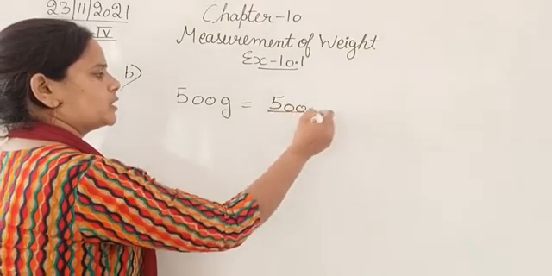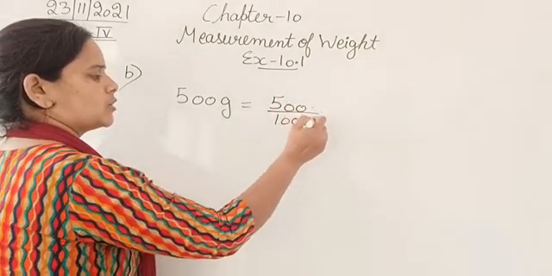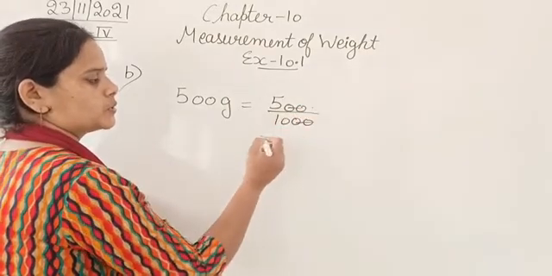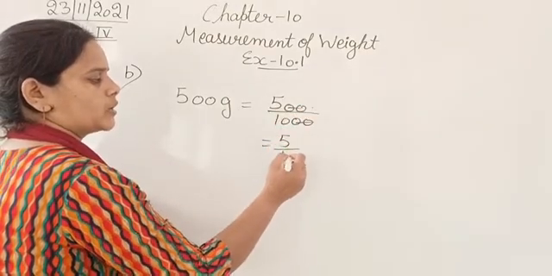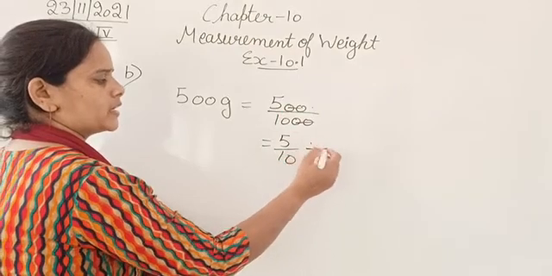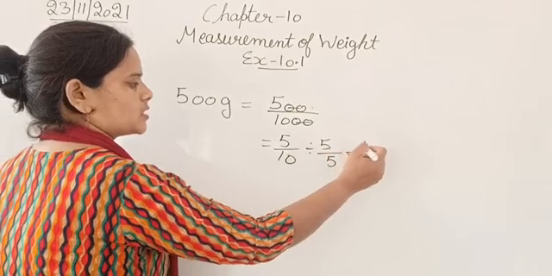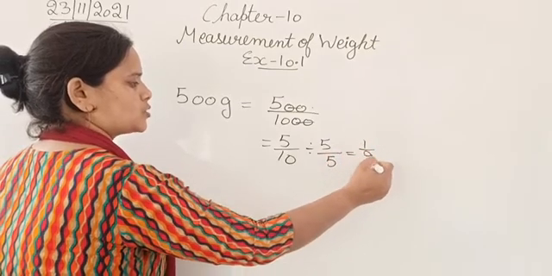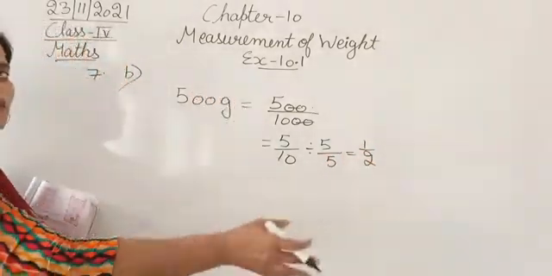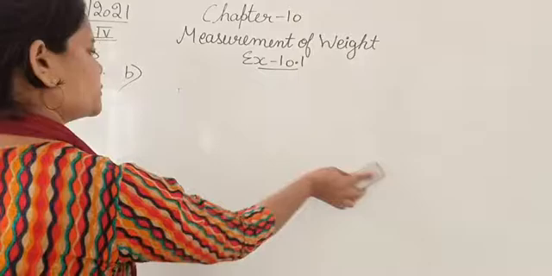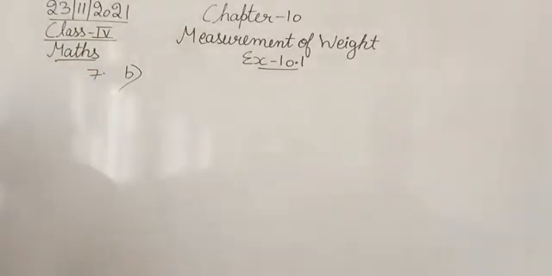Or you can convert it by dividing 500 by 1000. Okay, 500 divided by 1000, that is 5 upon 10. Divide both by the same table, that is 5, so this is 1 and this is 2. So instead of following such a long method, you can simply know 500 gram is equal to half kg.